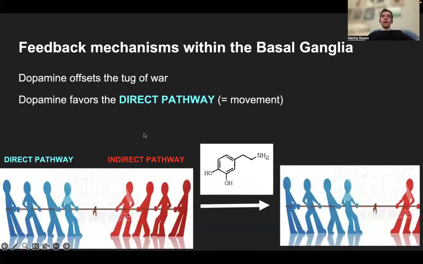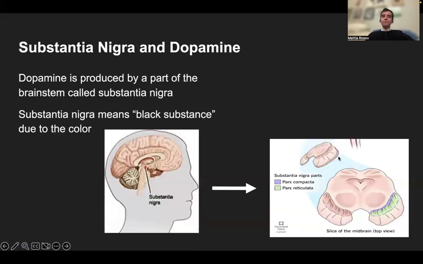When you have dopamine, which you may have heard as the neurotransmitter driving motivation, the pathway that says let's go is winning. If you don't have dopamine, on the other hand, there's less motivation and less ability to start movements.